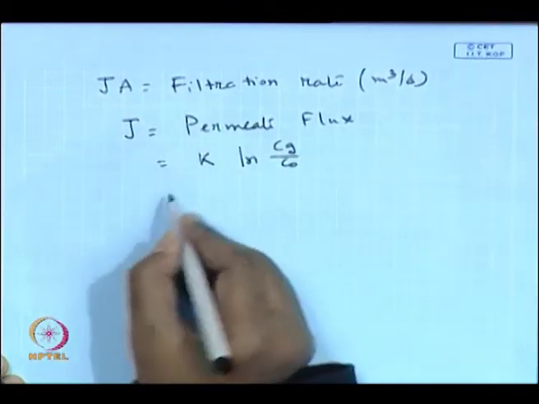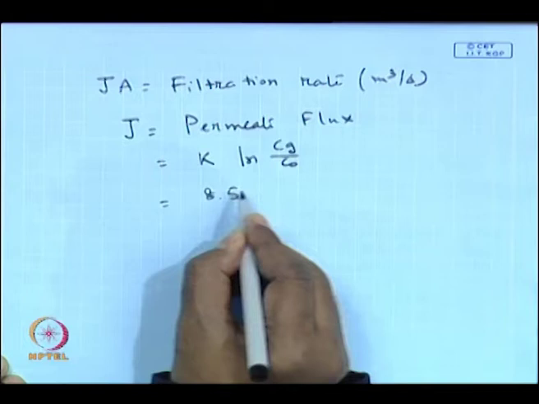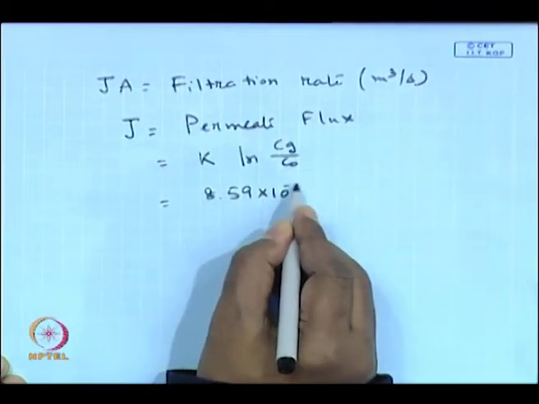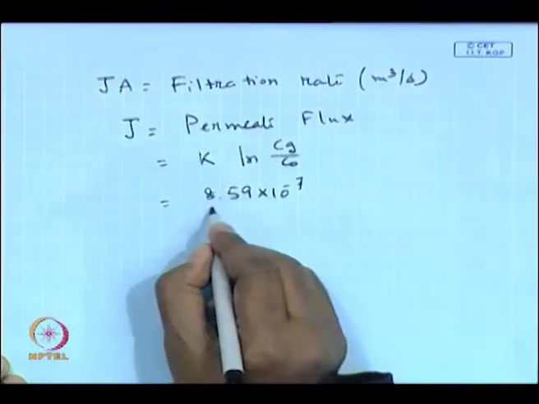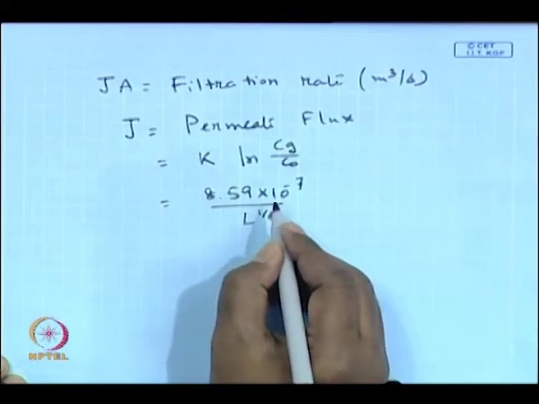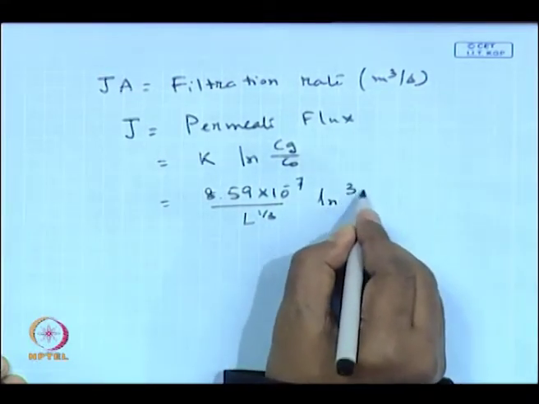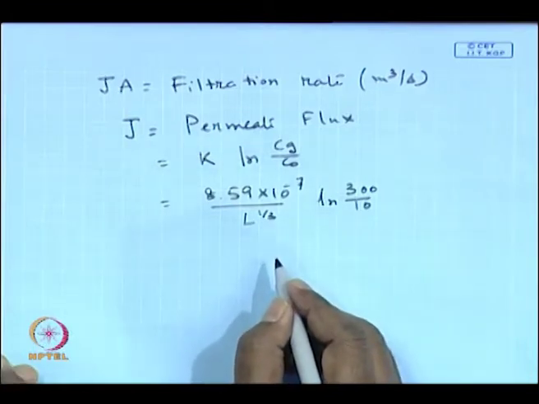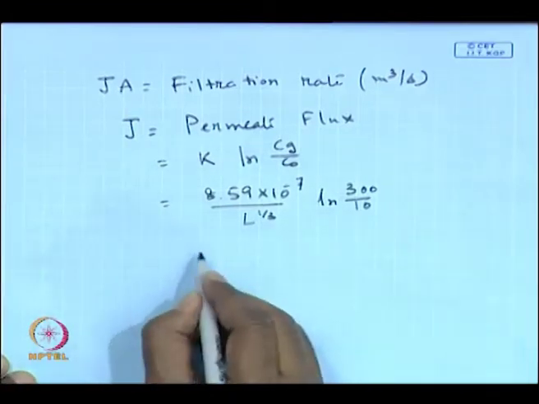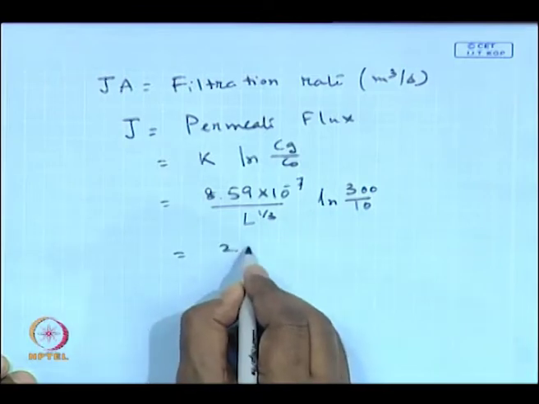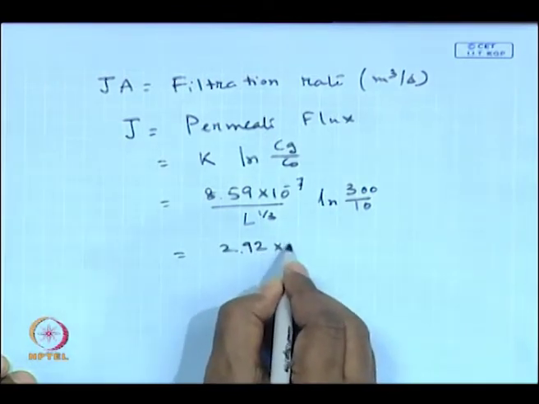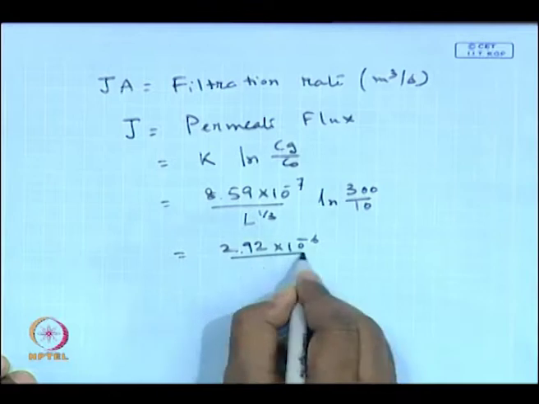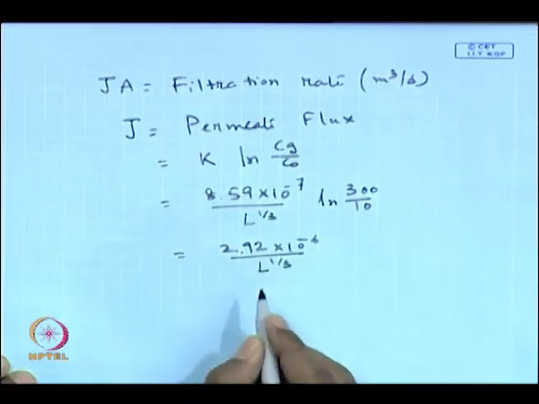So, this becomes 8.59 into 10 to the power minus 7 divided by L to the power 1 upon 3, times ln 300 by 10. So, J turns out to be 2.92 into 10 to the power minus 6 divided by L to the power 1 upon 3.